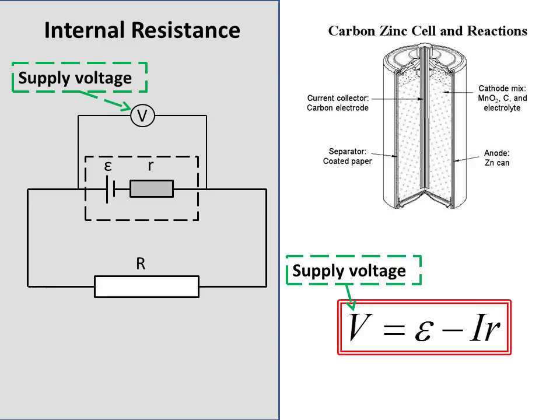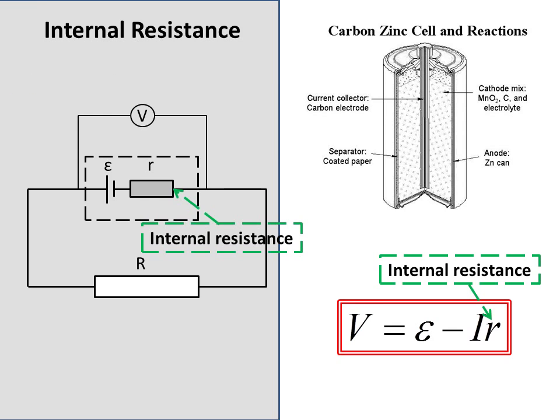Notice here, if we were using Kirchhoff's law here, the loop law, we could say that the supply voltage here would equal the voltage that was used by this external resistor. Okay, so I guess the concept here that we're really trying to look at is called the internal resistance. Now, the internal resistance is this phenomenon that comes about because the chemicals reacting inside the cell actually have to physically get somewhere before they can react.